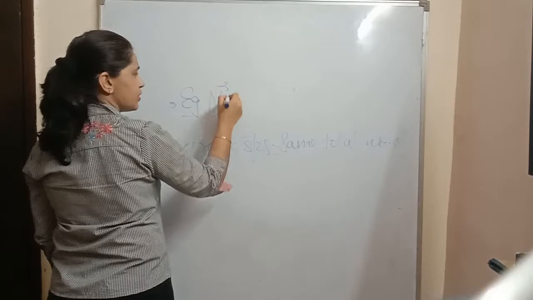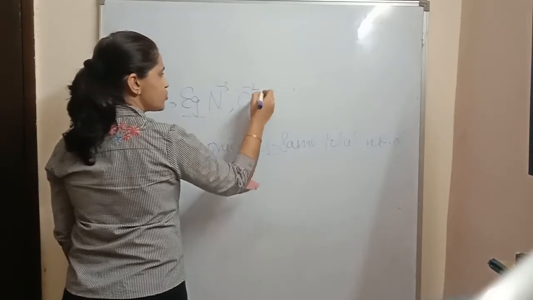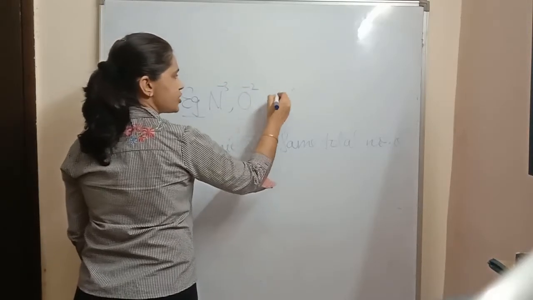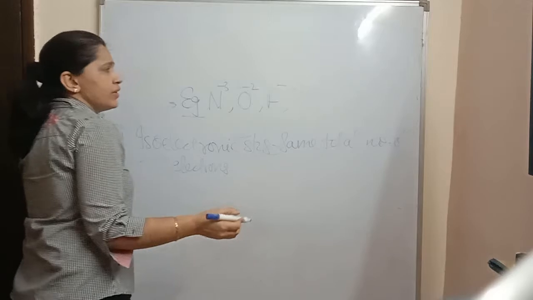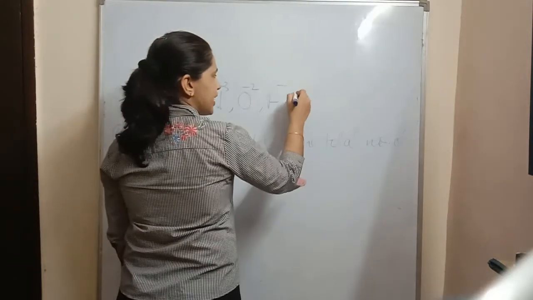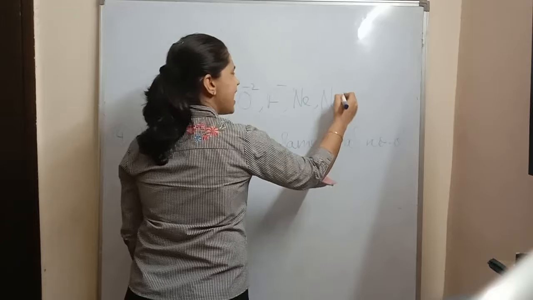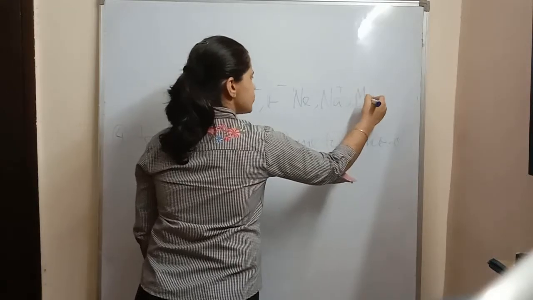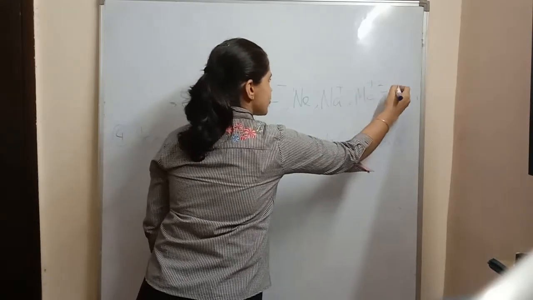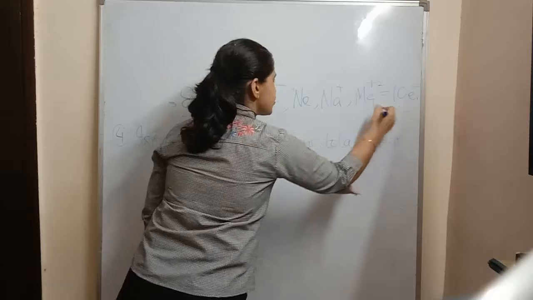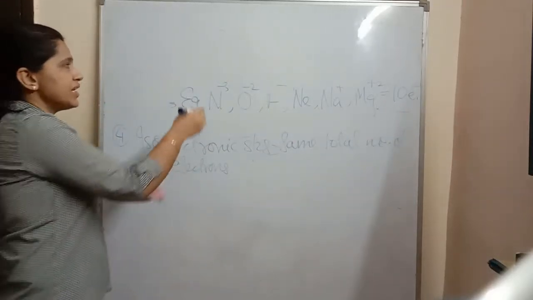N-3, O-2, F negative, then you can have neon, Na plus, and so on, Mg+2. They all have how many electrons? That is 10 electrons. Any other example?